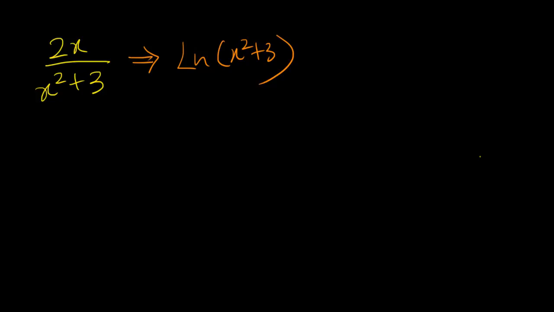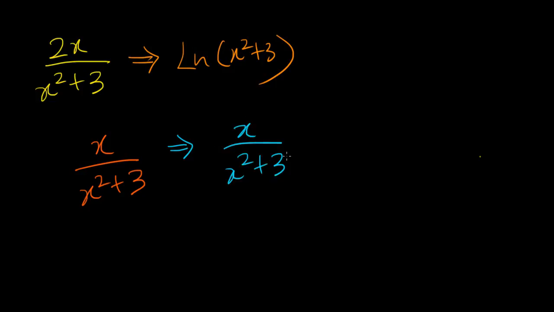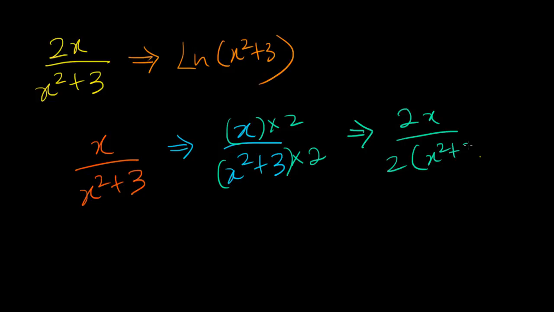Okay, what if the question they give is like this? How to solve this? Alright, if you differentiate x squared, you'll get 2x, but above you don't have 2x, you have x only. So try to make it 2x. Multiply top and bottom by 2. So you will get 2x over 2x squared plus 3.